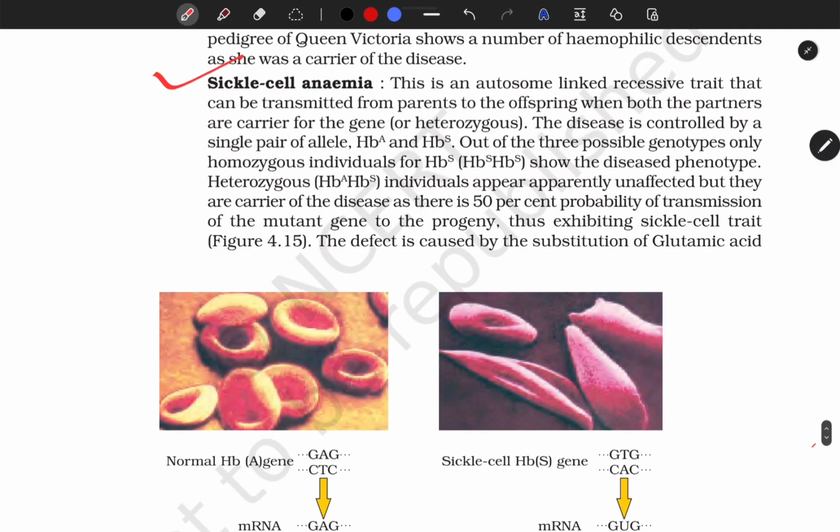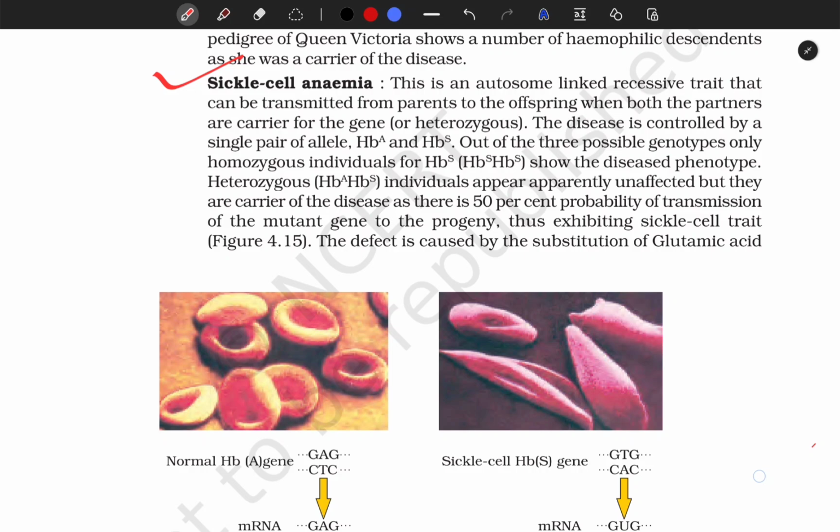Sickle cell anemia. This is an autosome-linked recessive trait that can be transmitted from parents to the offspring when both the partners are carrier for the gene or heterozygous. The disease is controlled by a single pair of alleles, that is hemoglobin A and hemoglobin S, that is HbA and HbS.